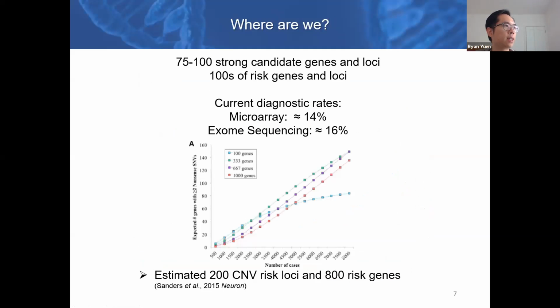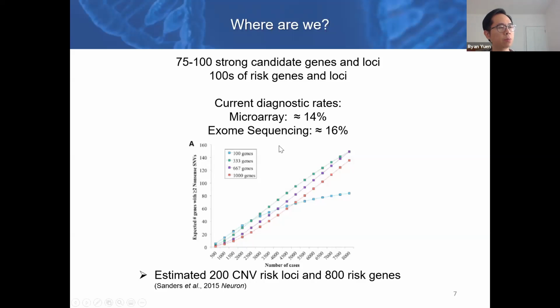So where are we now? We have identified around 100 strong candidate genes at the moment, including genes and loci. So for example, copy number variations. If we are using microarray analysis, we can identify around 14% of the individuals would have some variants that we know are responsible for ASD.